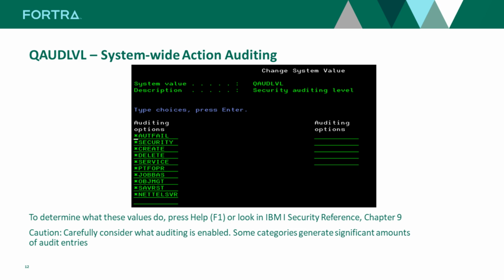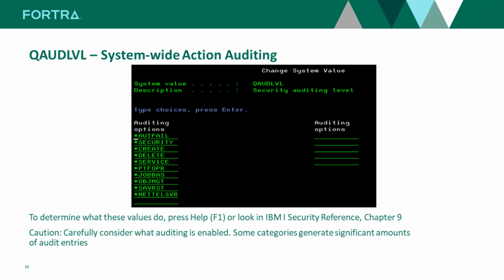So this is the only way, though, you can really see interactive logons on the IBM i. IBM doesn't necessarily have an authentication activity or entry. So to find those, we use that *JOBBAS security value.